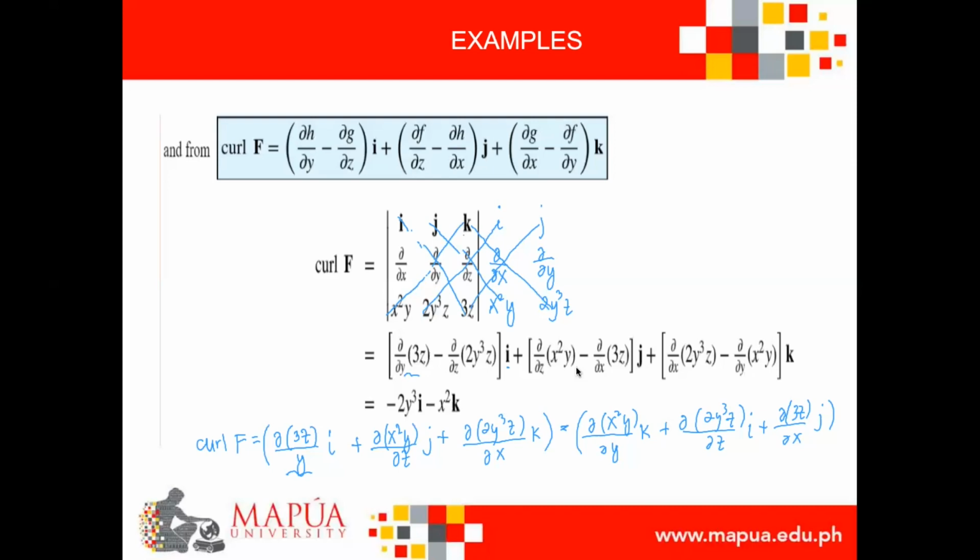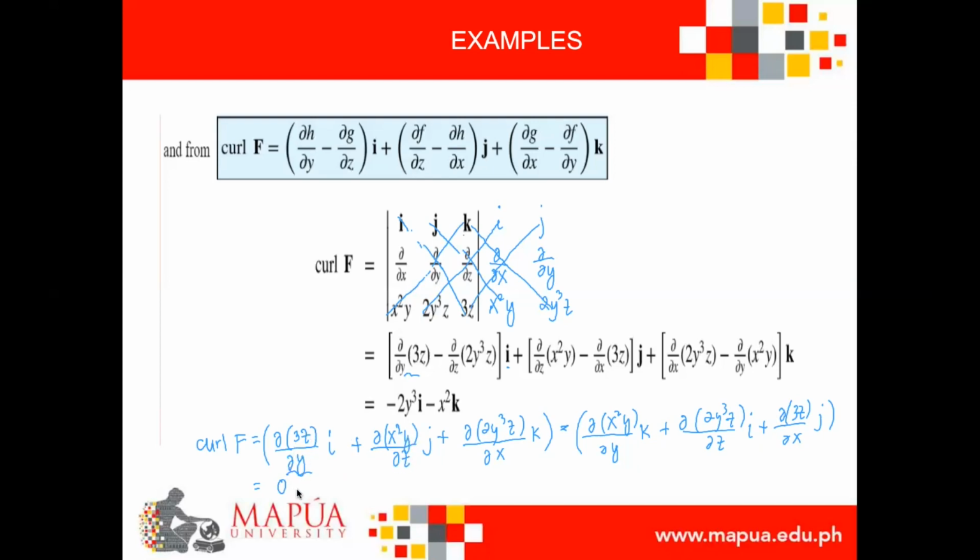So let's now get the partial derivatives. So this will be 0. Why? Because this is with respect to y, and z will be considered as constant. So this is 0, while here, this is also 0 because x squared y is with respect to z.